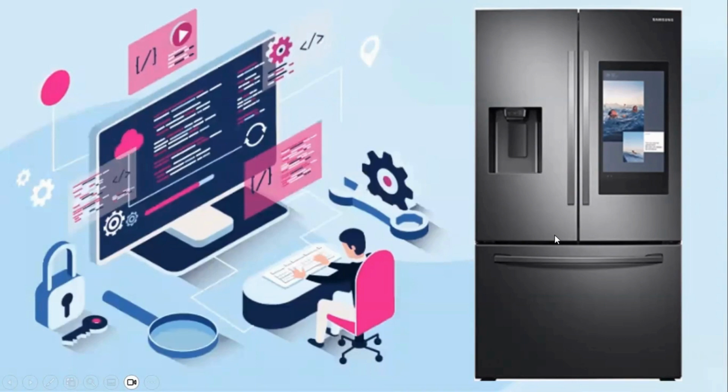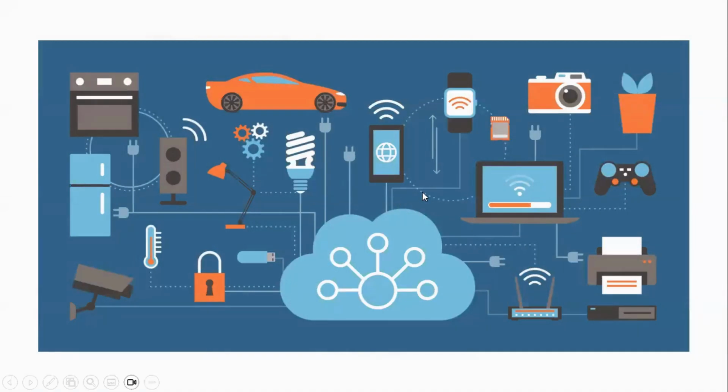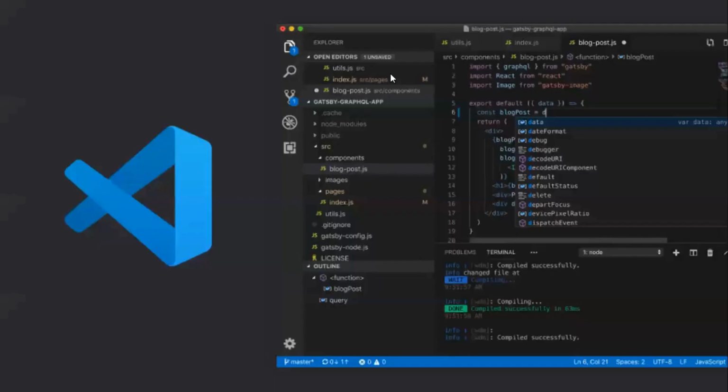You can also use Node.js to make desktop applications. In fact, Visual Studio Code, which we are using all the time, is created using JavaScript. And it is Node that allows this desktop application to run on our computer.